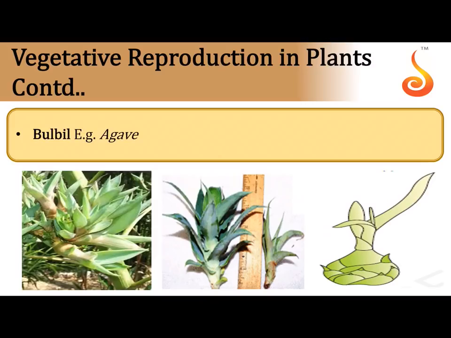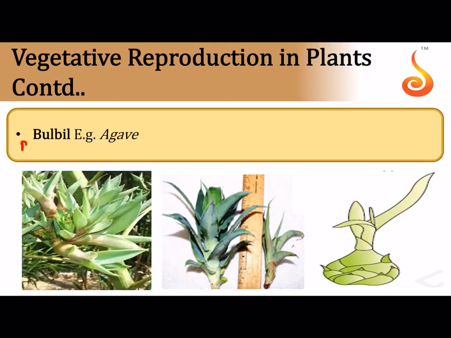Bulbil of agave. Bulbil is actually a bud. A bud which develops on the flowering axis of the plant. Now if this is the flowering axis where flowers are supposed to form, and instead these buds develop here.